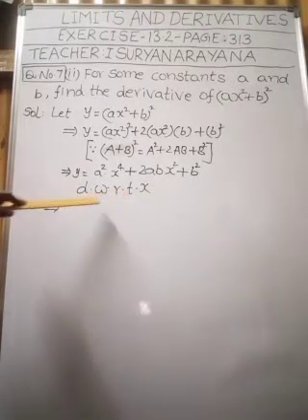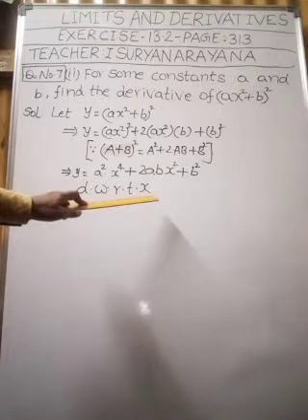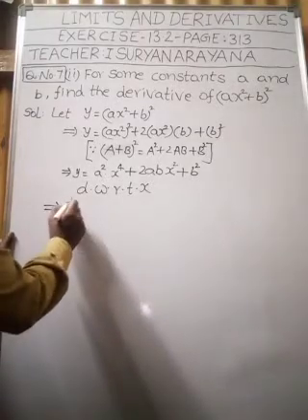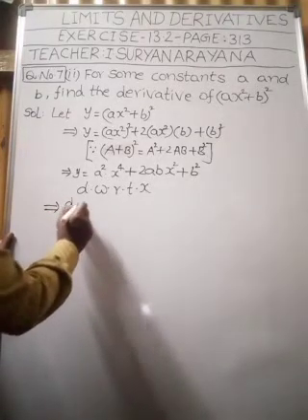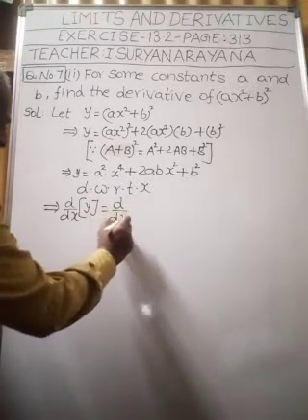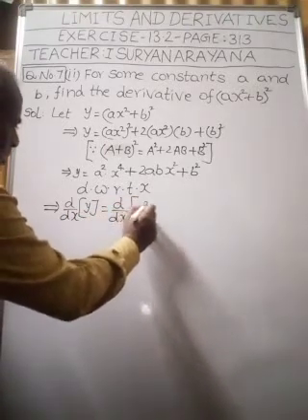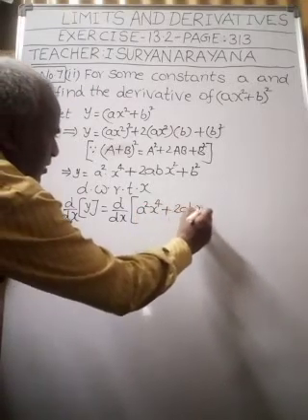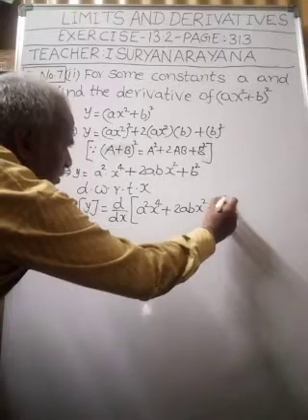I am not writing the full sentence. Then what is the differential operator? d by dx. d by dx of y is equal to d by dx of a square x power 4 plus 2ab x square plus b square.